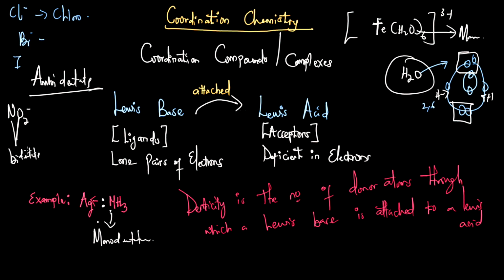That's two means of coordination to a Lewis acid. We also have SCN. It can coordinate through the sulfur or through the cyanide. We also have several other ambidentate ligands.